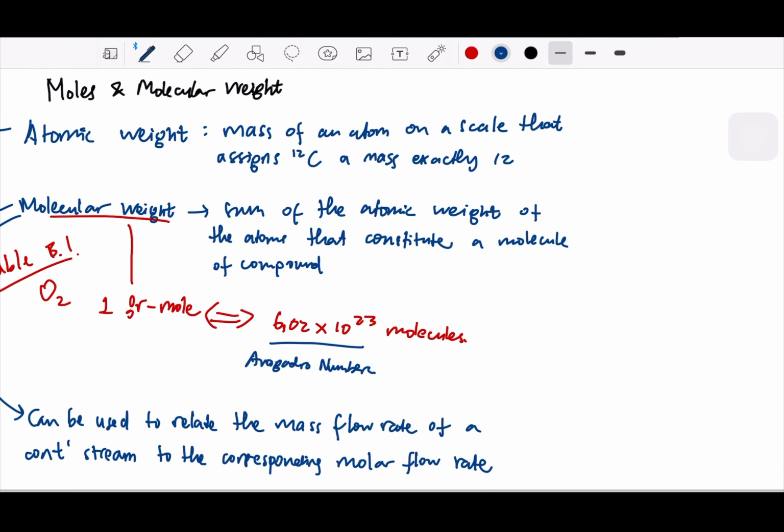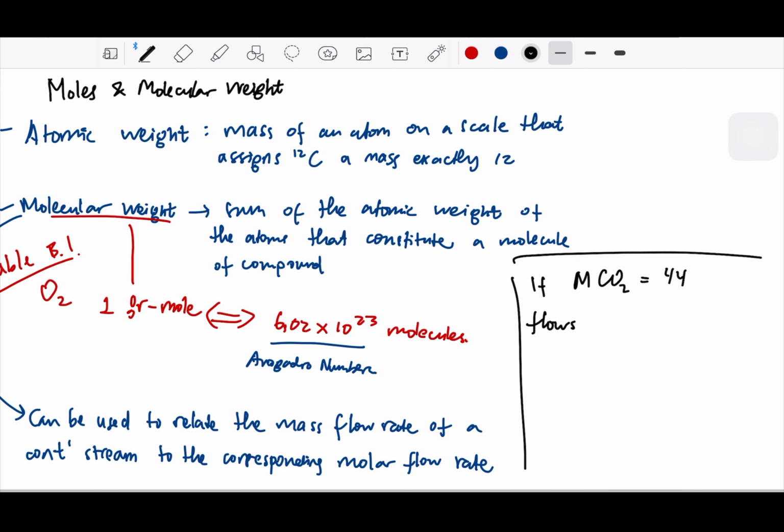Okay, for example, if the molecular weight of CO2 is 44, and let's say it flows through a pipeline at 100 kilograms per hour.